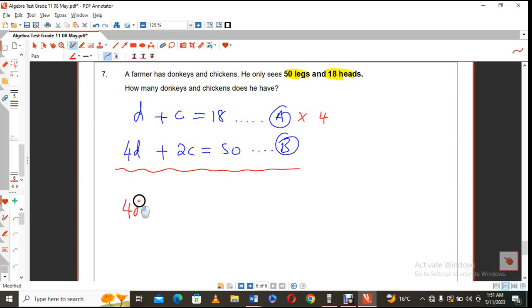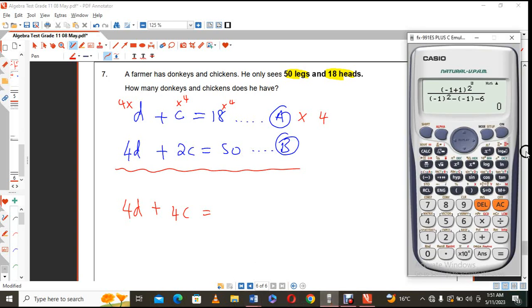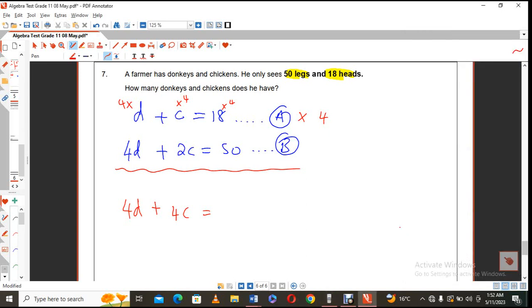So that's going to be 4d plus 4c, and if you multiply 18 by 4, let's just make sure we don't make an error, 18 times 4 gives you 72. 72 is correct.